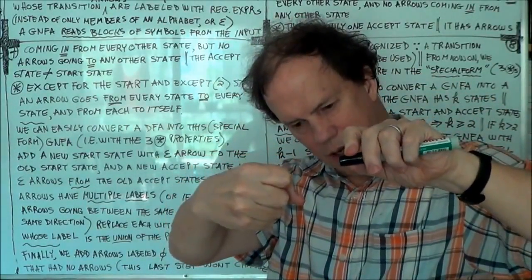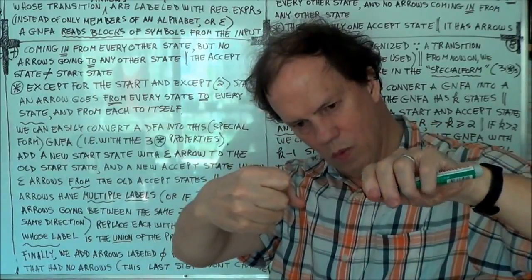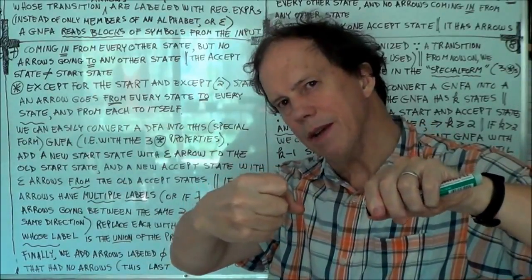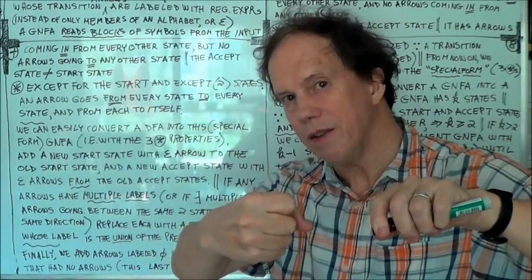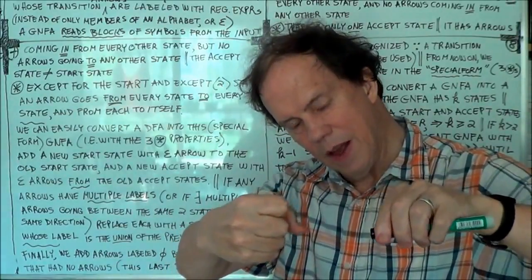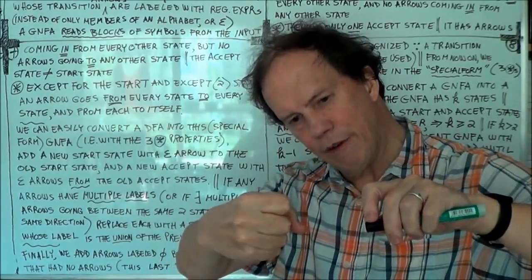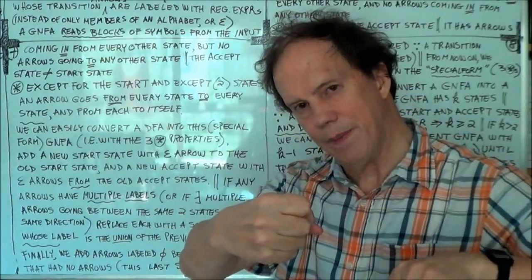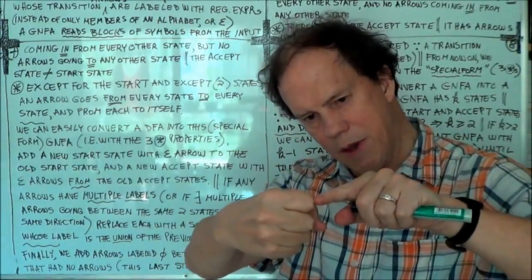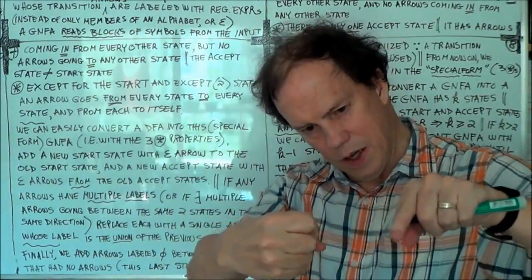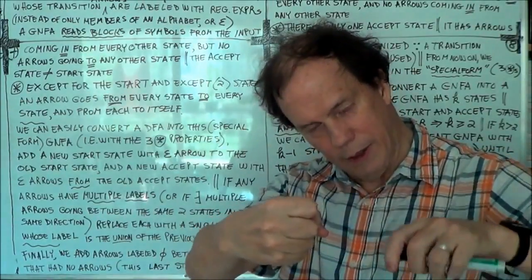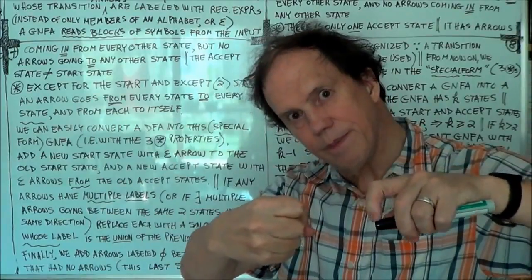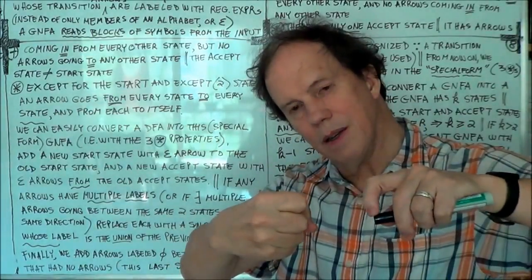Now here create one accept state. Remember, a GNFA only has one accept state. And from the accept states of your DFA, have transition arrows from the DFA to this one accept state.